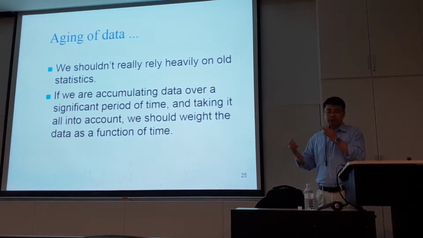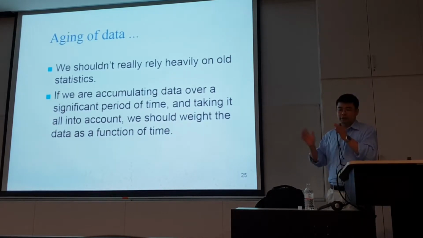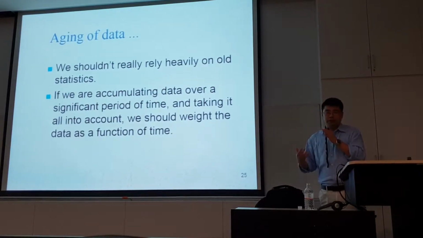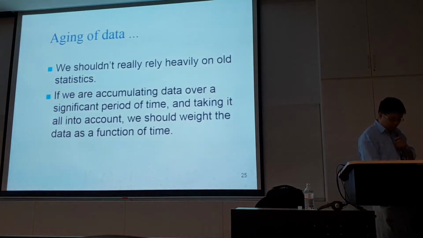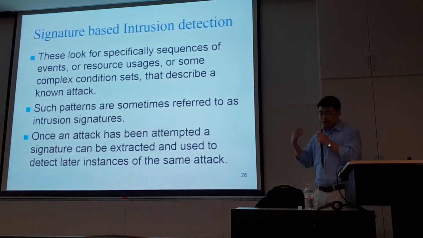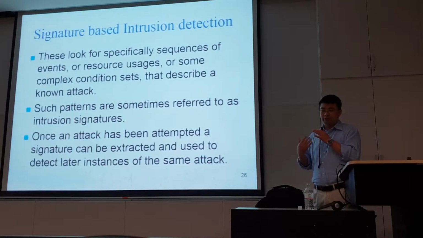For example, you need to define what is the half-life of all those data, and then define a formula which can reflect the age of the data, right? But anyway, that's some more complex approach. As I said, the mean and standard deviation is the simplest approach, and in this case, we even simplify this simple approach.